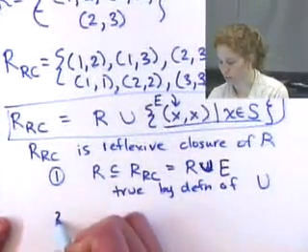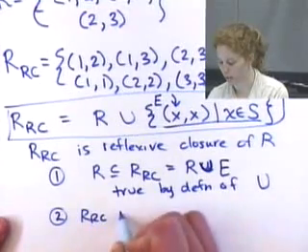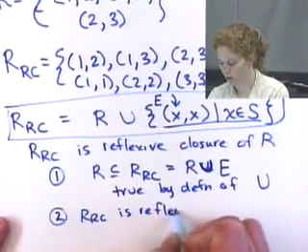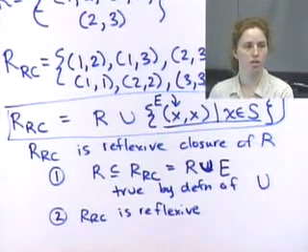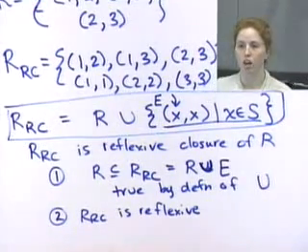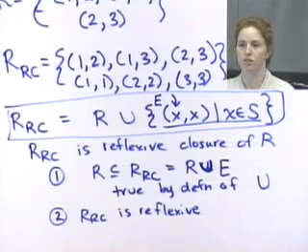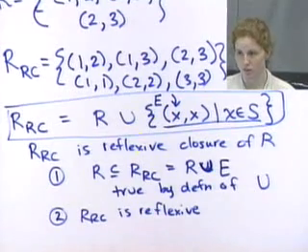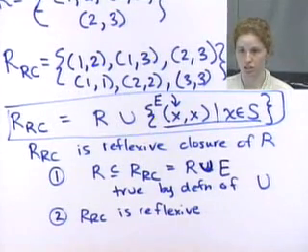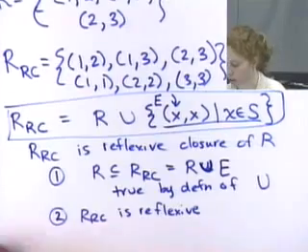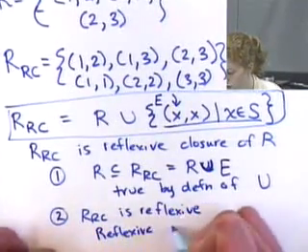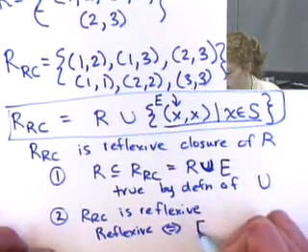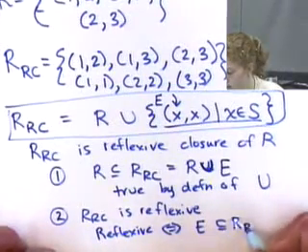So now the next thing I need to prove is that RRC is reflexive, right? But the definition of reflexive says for all x in S, I have the point (x,x), right? So the definition of reflexive really says that E is a subset of my relation, which is the same as saying that E is a subset of that set.